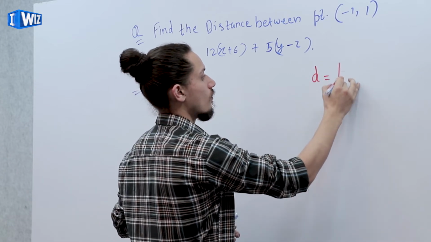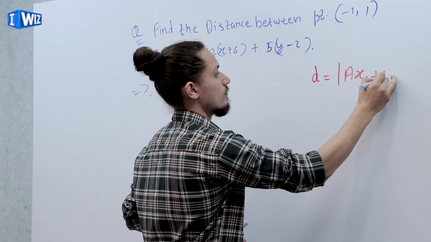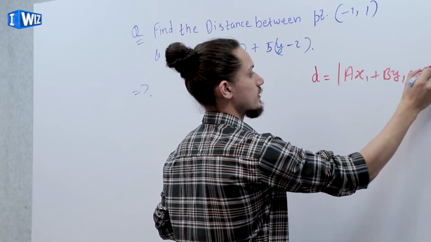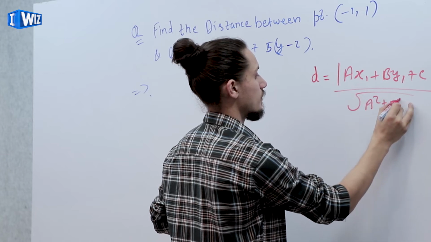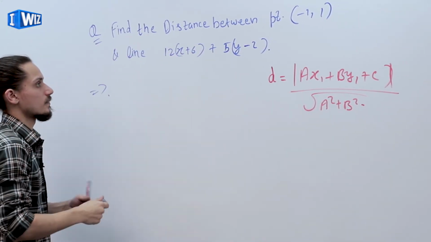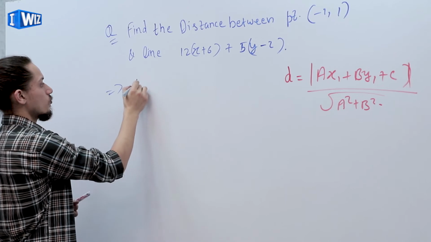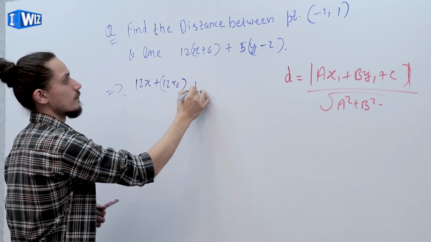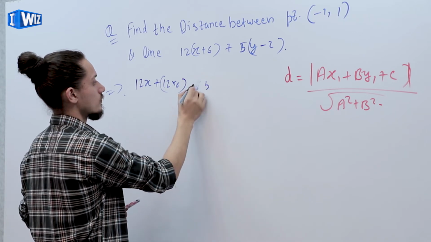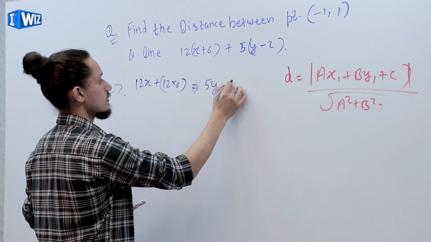तो उसका फॉर्मूला क्या होता है, d इज इक्वल टू मॉड ऑफ a x1 प्लस b y1 प्लस c मॉड अपॉन अंडर द रूट a स्क्वायर प्लस b स्क्वायर। अब यहाँ पे हमारे पास, पहले इसको सॉल्व करते हैं, वी गेट 12x plus 12 into 6 plus is equal to 5y minus 10.